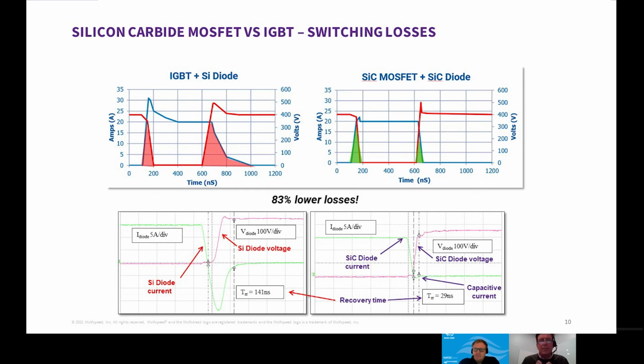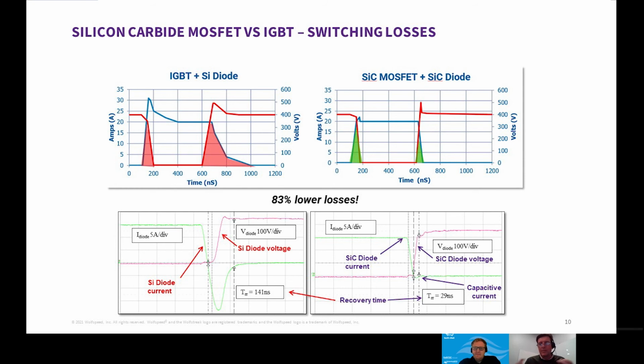I don't like it when people say no reverse recovery because it's impossible. But we have 10,000 times less reverse recovery than what you would see in silicon. So combine these type of activities together and you can switch a lot faster for a lot less loss.